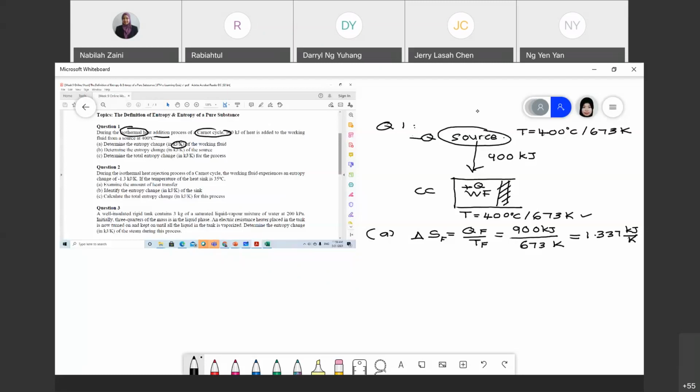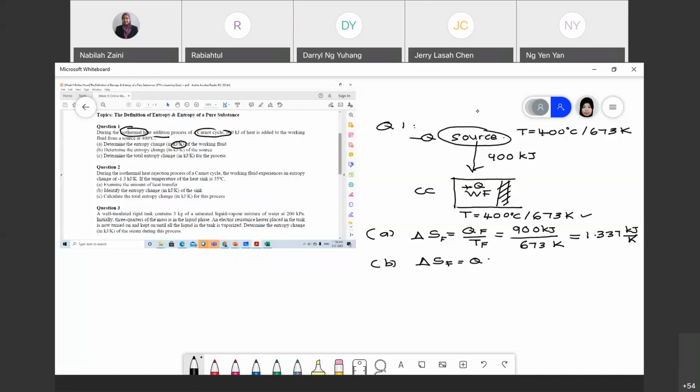Now I move to question 1B. This is the contrast from the fluid. Since the fluid is receiving heat, the source is removing heat, so it is negative.